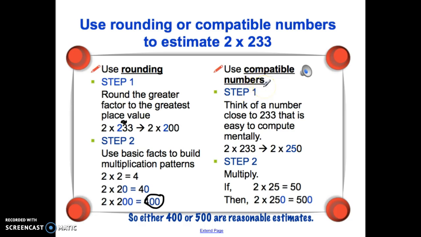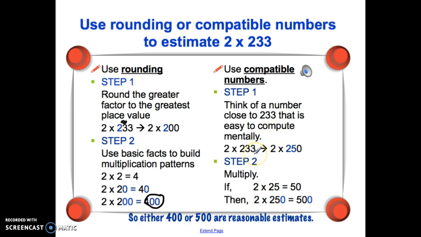Now, compatible numbers are numbers that you can change so that you can do these problems mentally in your head. So it's an easy number to calculate in your head. I'm looking at 233, and I'm trying to think of a compatible number that I could do in my head.